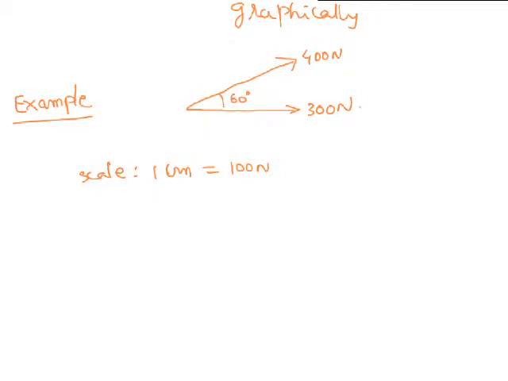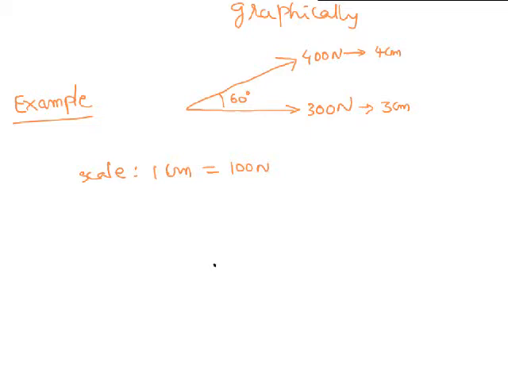So this 300 newton force will be a 3 centimeter long line, and this 400 newton force will be a 4 centimeter long line. We use a scale, pencil and protractor.